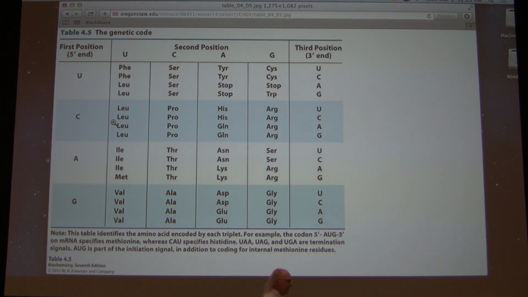So when you see an AUG at the beginning of a protein, that means that it's a start codon. But AUG also appears internal to a protein sequence. So just because it's an AUG doesn't mean it's a start codon. It's only a start codon if it's at the beginning of a coding region. Okay? All right. That's the genetic code.